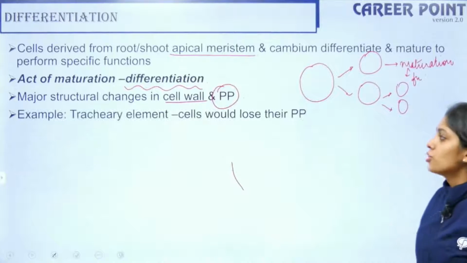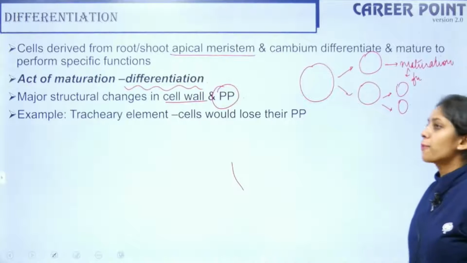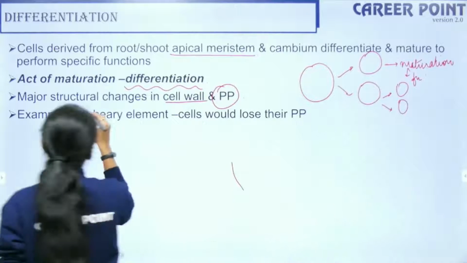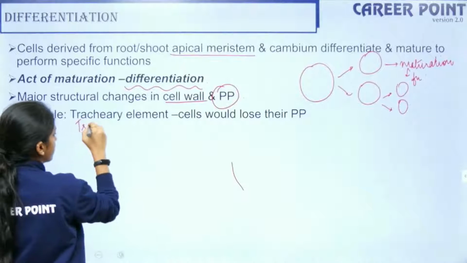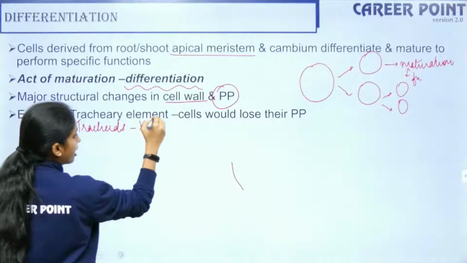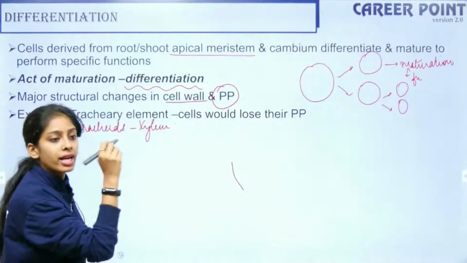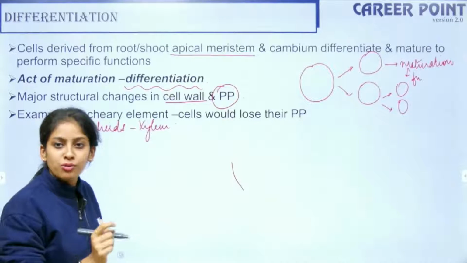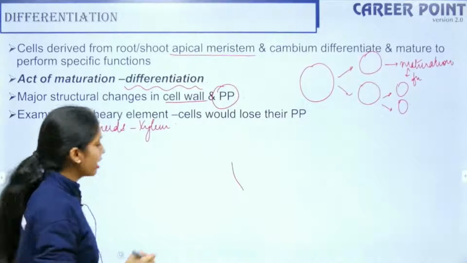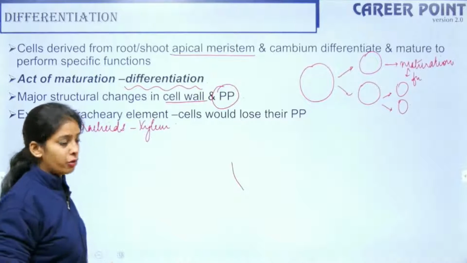Okay, fine. So an example is your tracheary elements. The cells would lose their protoplasm. So you remember your tracheids. Tracheids come in your xylem. So you have xylem vessels, tracheids, parenchyma and fiber. Out of this only parenchyma is living. Your tracheids lose their protoplasm and they become dead, right?